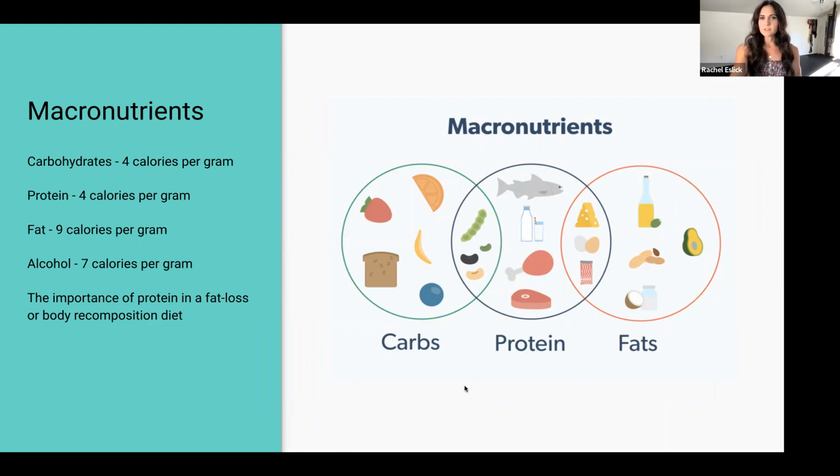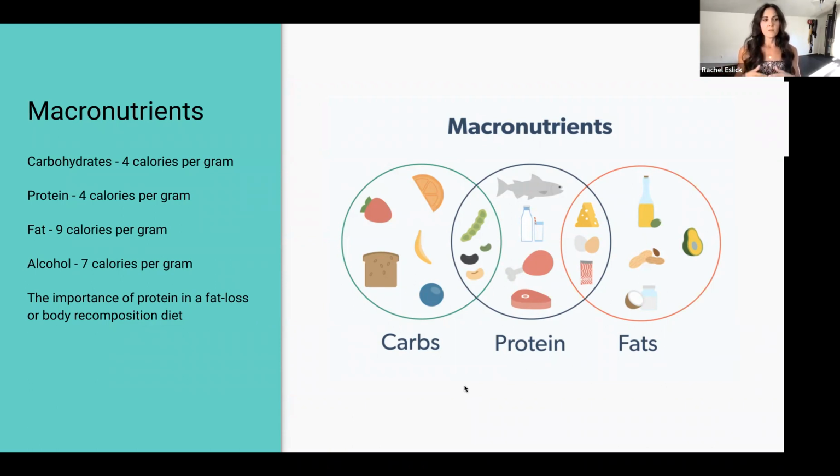The importance of macronutrients in what we're talking about today is you could be in a calorie deficit and only eat Oreos, say 1,200 calories of Oreos, and you could lose weight, right? Because maybe you need 1,500 calories to live your life, and you're eating 300 fewer calories every day for a while than you actually need.